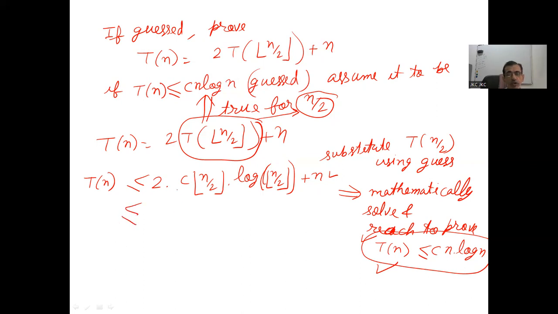This is equivalent to, I can say, C into 2 into n by 2. So if n is odd, n by 2 is less than odd. So if n is odd, 2 into floor of n by 2 will be lesser than n, but otherwise it will be equal to n.